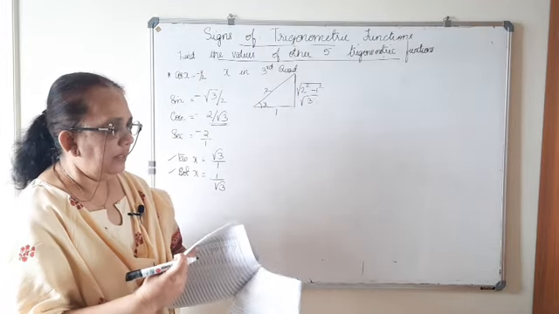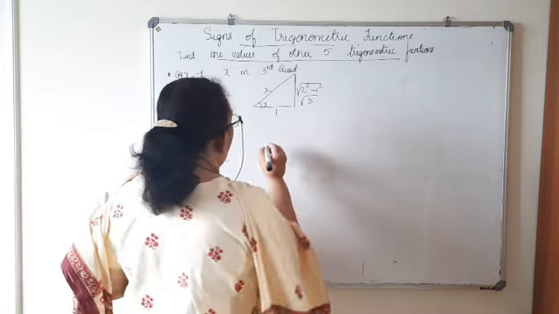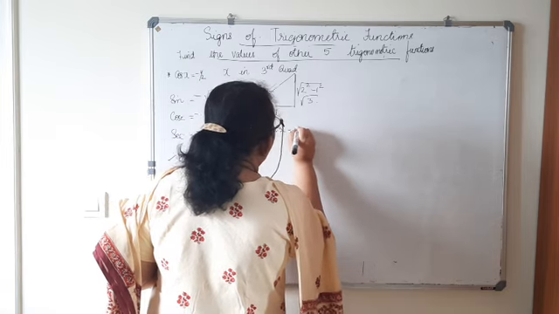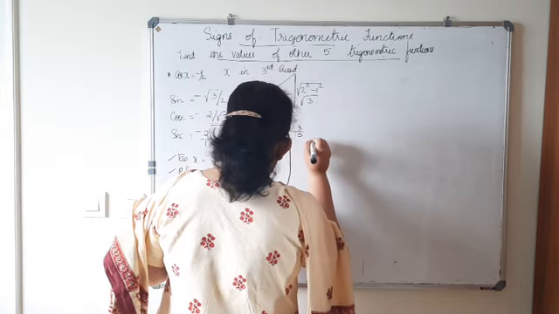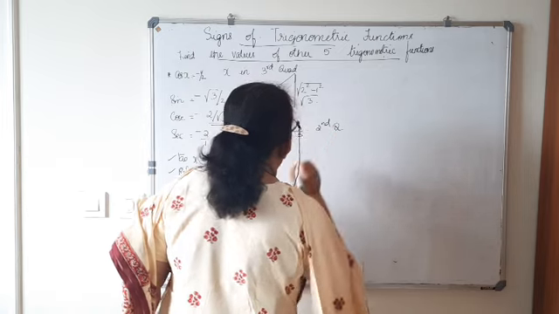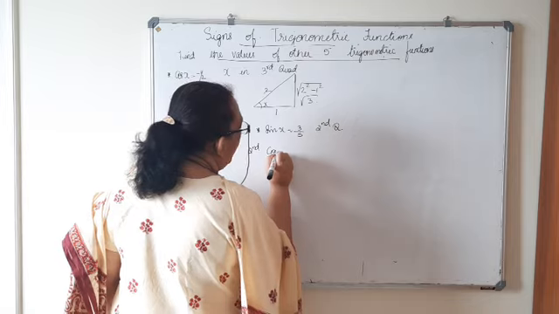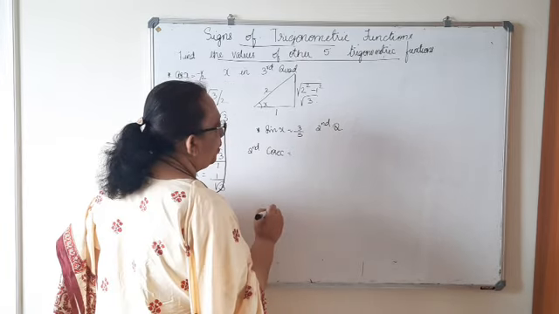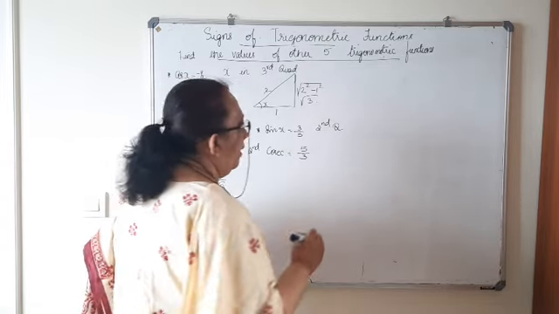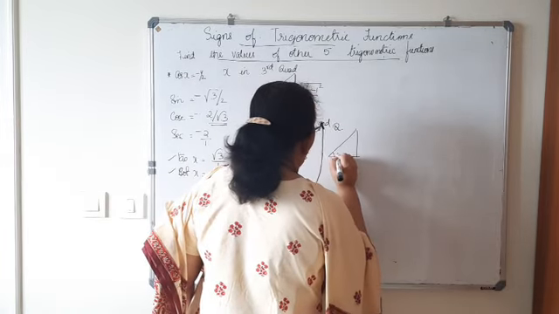Now next question. Sin x is equal to 3 by 5 and x is in the second quadrant. In the second quadrant, you know, cosecant is positive and cosecant is the reciprocal of sine, that is, cosecant is equal to 5 by 3. Now you can draw the right triangle. This is x.